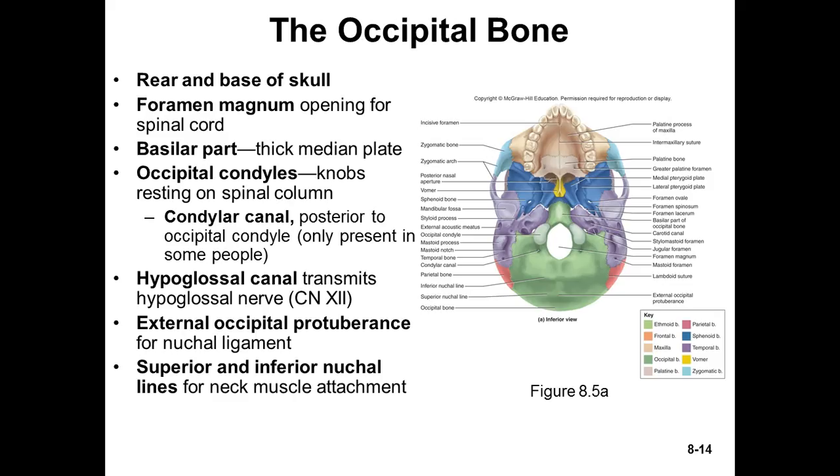And of course, another important aspect of this bone is your foramen magnum, the opening for your spinal cord. Remember, a foramen is just a big hole. You can see your foramen magnum on that picture, the inferior view, where the spinal cord will insert there, and of course it's going to attach to the dura mater or the brain stem.